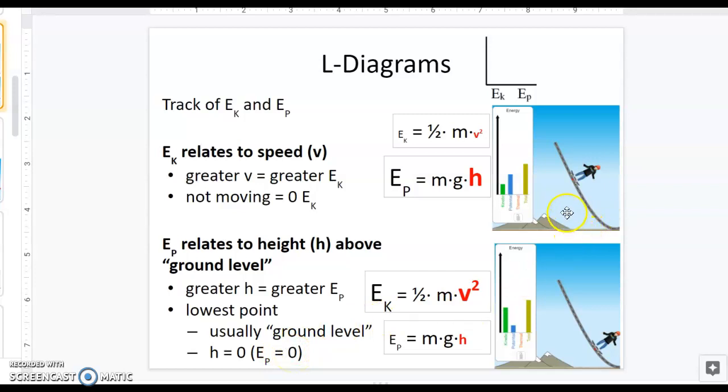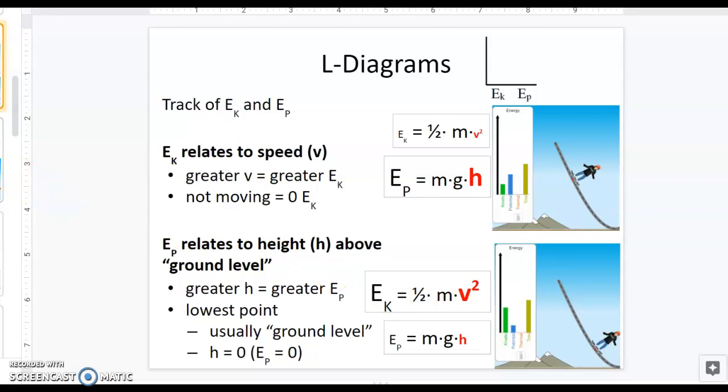As we go above that point, like if the skater is right here, they're above the ground and their height is rather large, so they have a large potential energy. When they have a smaller height above the ground, they have a smaller potential energy, and the blue bar represents that. So larger potential energy, the bar is larger, and lower potential energy, the bar is lower. That's kind of the gist of it.